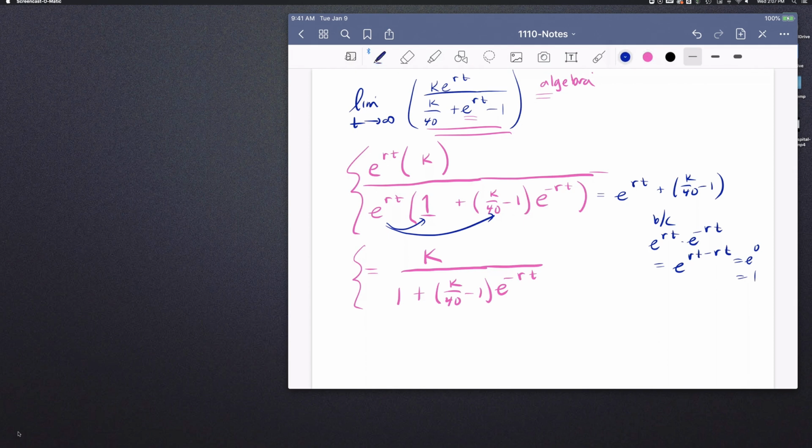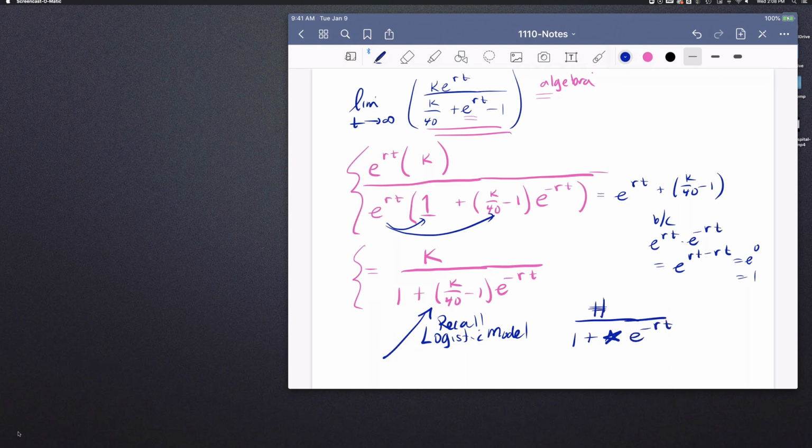Now if you compare to the functions we've already looked at before, recall that a logistic function, or the logistic model, was of the form some number divided by 1 plus some other number times e to the negative rt.